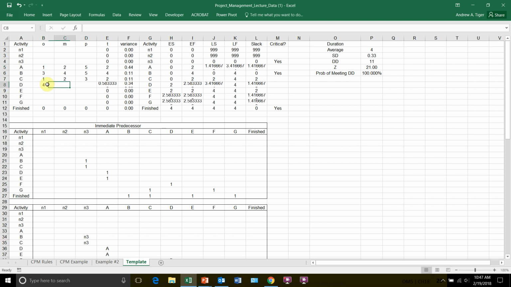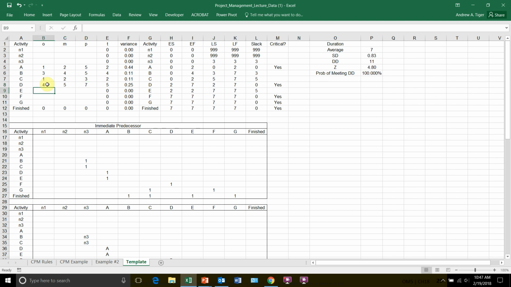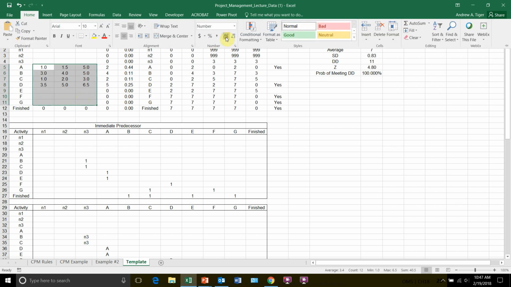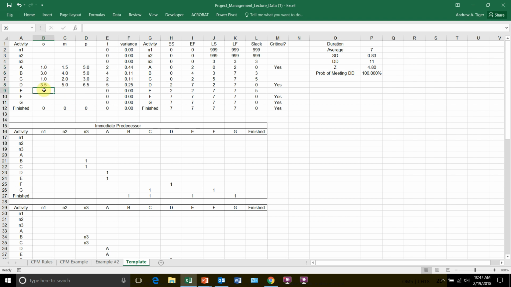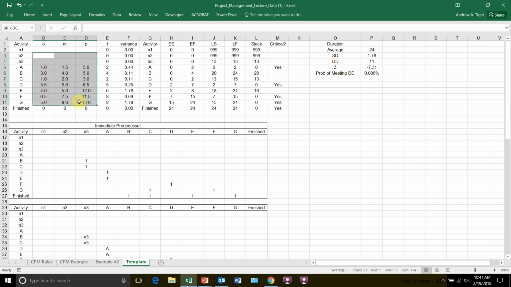Next one, 3.5, 5, and 6.5. 4, 5, and clearly we have this one where we have an upper right tail. 6.5, 7.5, 11.5. 5, 9, and 13.